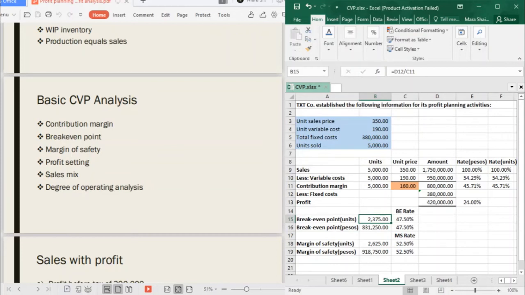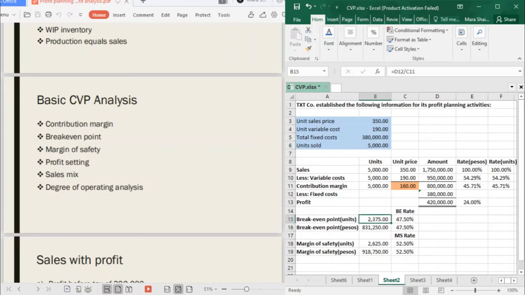So, whatever is left over between your budgeted sales and your break-even point is automatically your profit. Meaning, your margin of safety indicates that you have profit. Understood? So, again, let me go back. Your margin of safety is computed as your budgeted sales minus your break-even point.